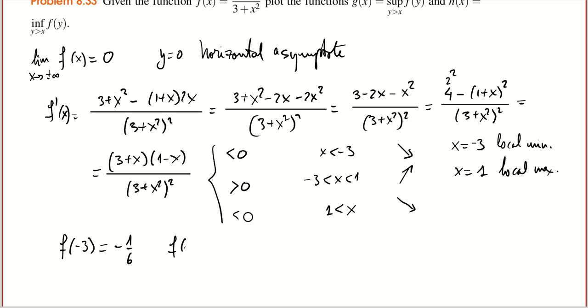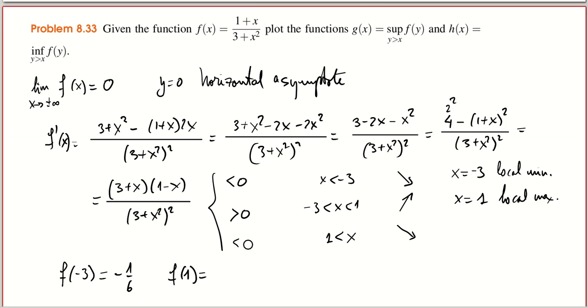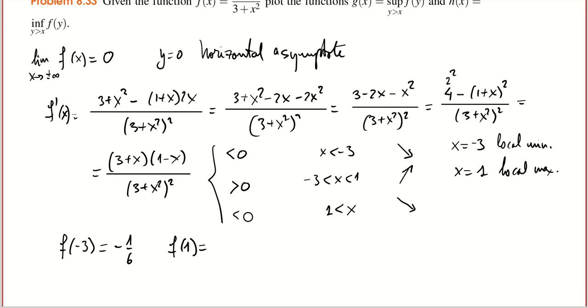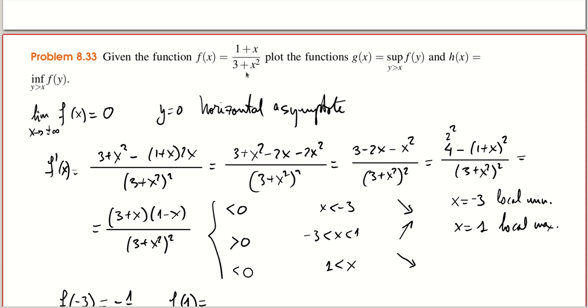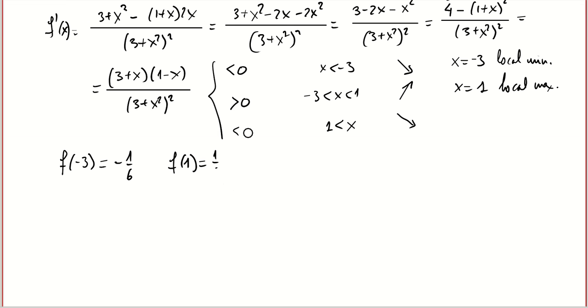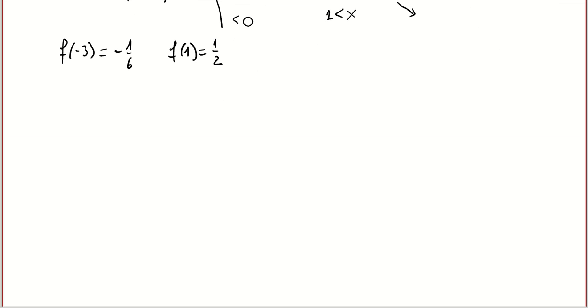And f of 1 is equal to, we have 1 plus 1 is 2, and down here we have 4, so 1/2. This is 1/2. Right. We have basically all the relevant information to plot the function. The function looks like this.